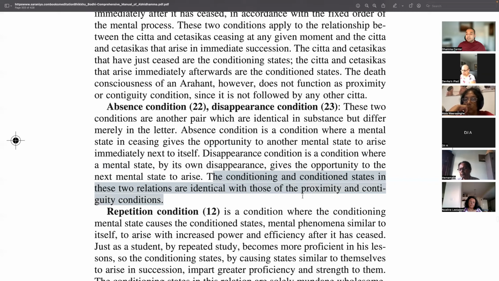Right? In proximity condition, what did we discuss? We discussed the conditioning state, and the conditioned state becomes, in proximity condition, the 89 cittas, the 52 cetasikas, except the arahant's death consciousness, becomes the conditioning state, isn't it, everyone? And the conditioned state, which arises conditioned by the conditioning state, is the 89 cittas and the 52 cetasikas. What are we talking about here?